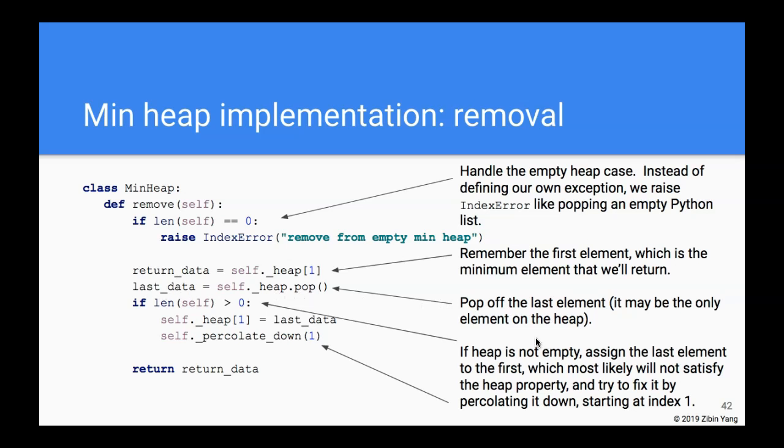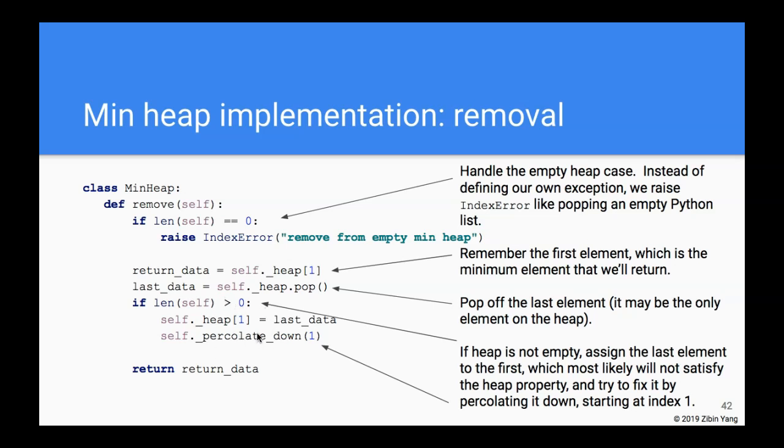Now, one thing to be aware of is that it's possible the first element and the last element are the same element. That happens if the heap, when we start, only has a single element in it. So if we do a removal on a heap that has a single element, then once we're done, the heap no longer has anything. So there's no percolation necessary.